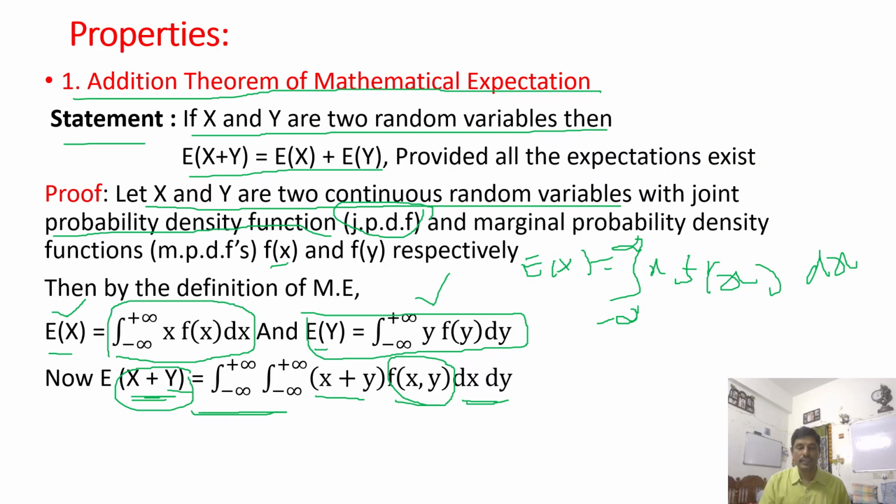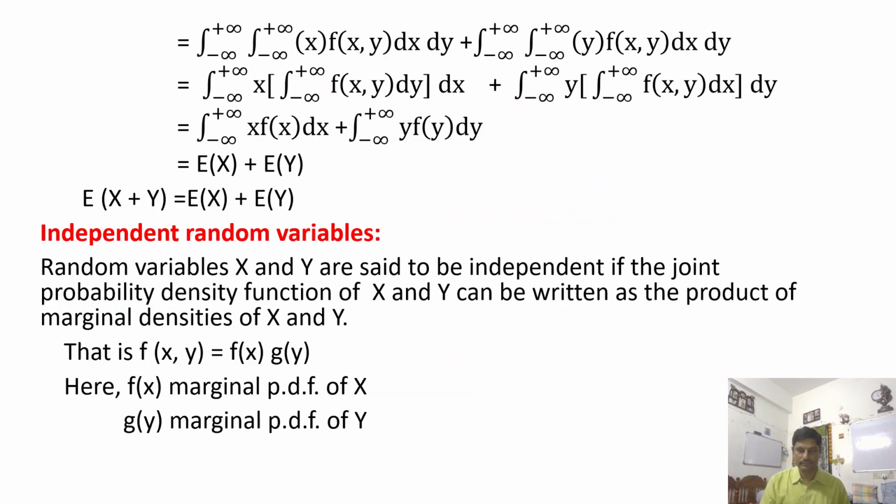So E of X plus Y is equal to the integral from minus infinity to infinity, the integral from minus infinity to infinity, of x plus y into f of x comma y into dx into dy. Now we split this integration. We multiply x with f of x y dx dy and y with f of x y dx dy.